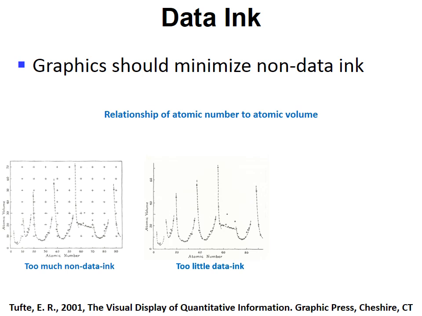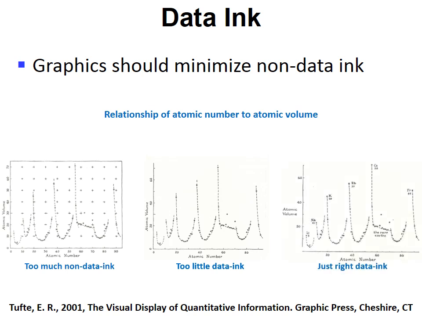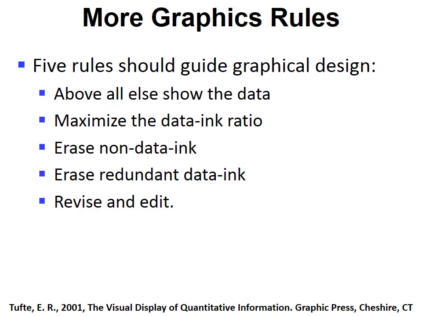And the freeing of space by removal of the non-data ink allows one to add more data ink to the drawing, such as the labels of sodium, potassium, rubidium, and whatnot in the figure to more carefully distinguish what exactly the graph is trying to convey.